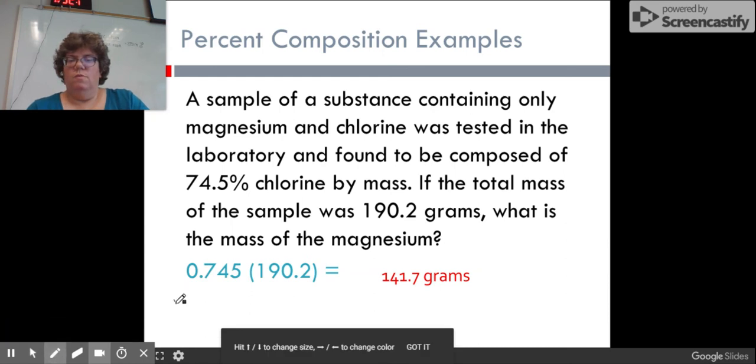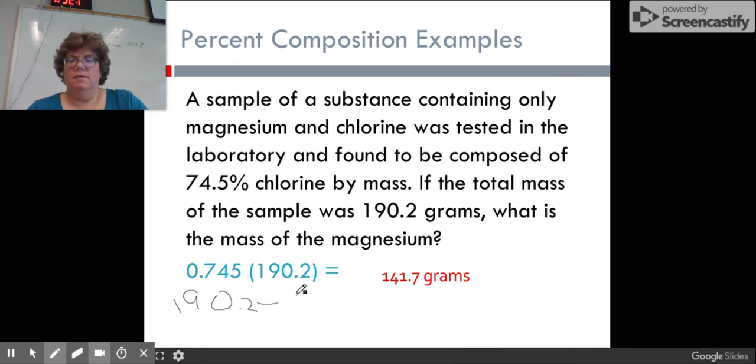So we would do 190.2 minus 141.7, and that equals... I don't have a calculator right now. 48.5?